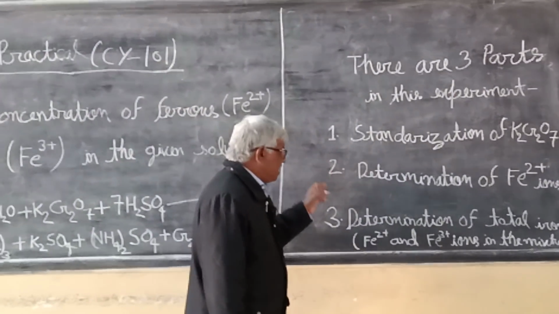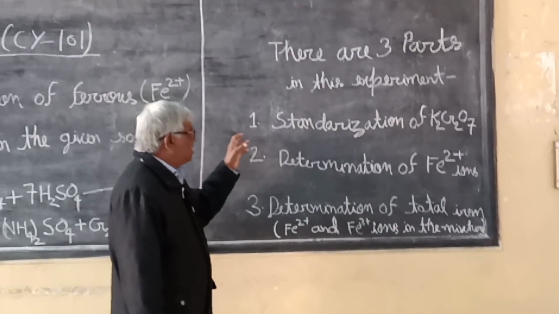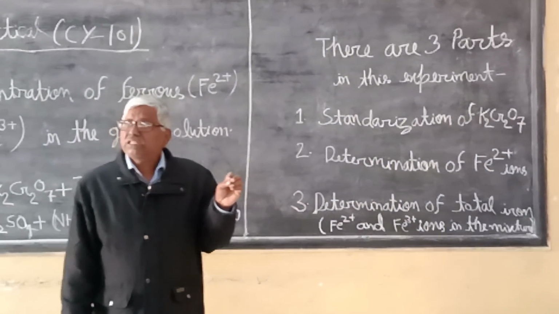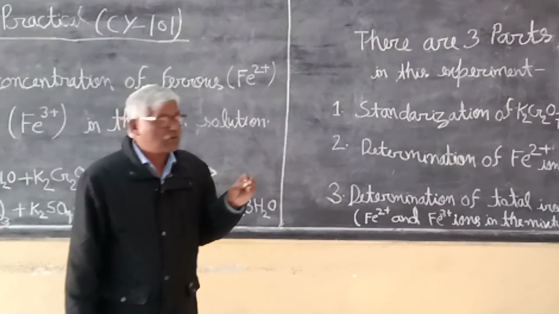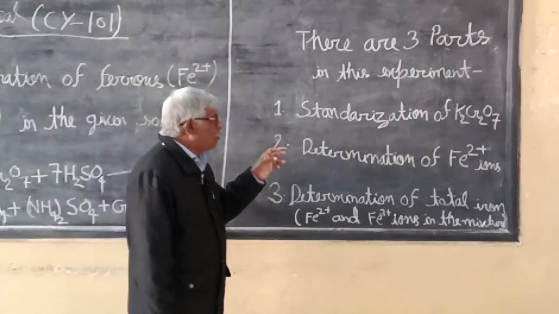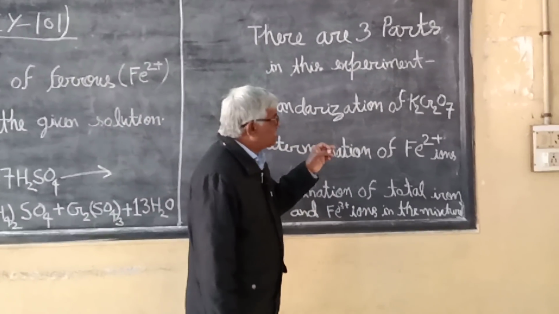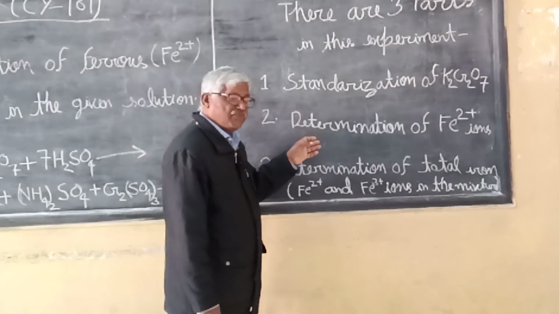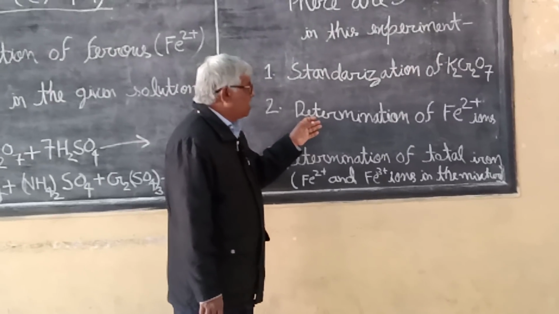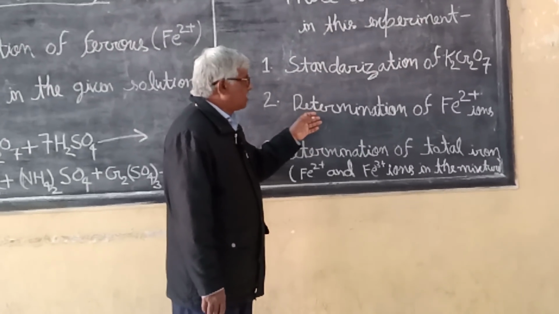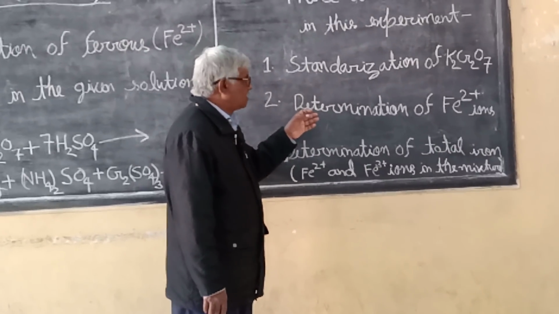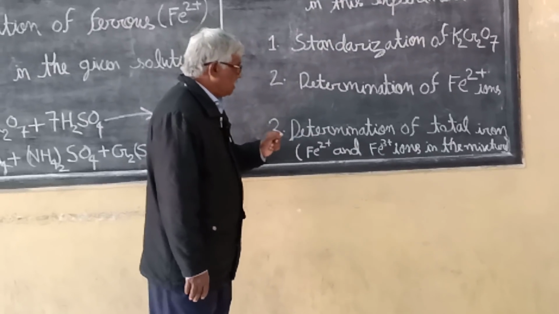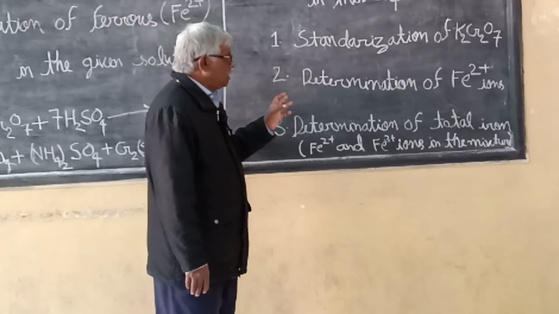From the standardization we know the exact concentration of potassium dichromate, and with the help of this we can find the exact concentration of ferrous ion in the solution and the total iron concentration in the solution.